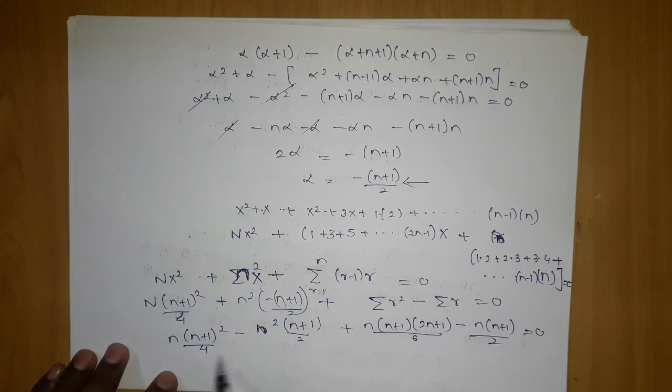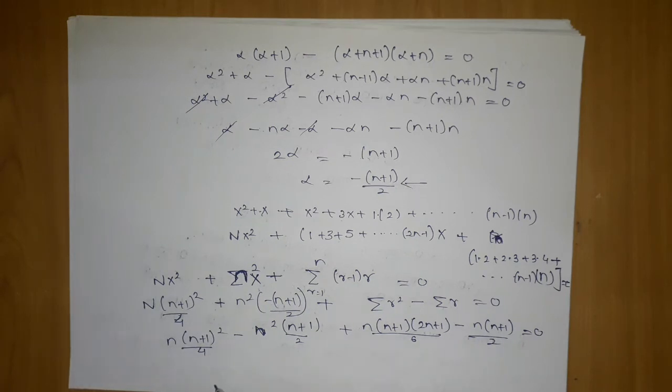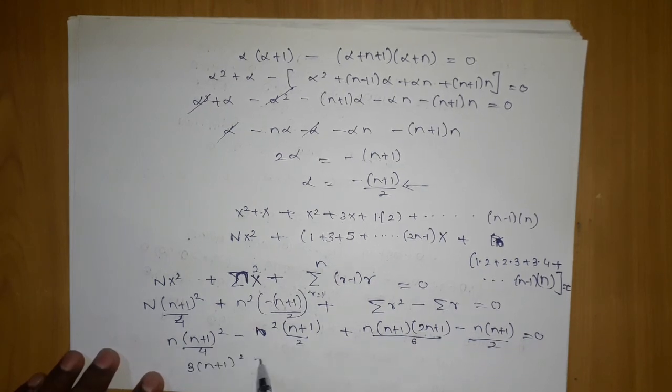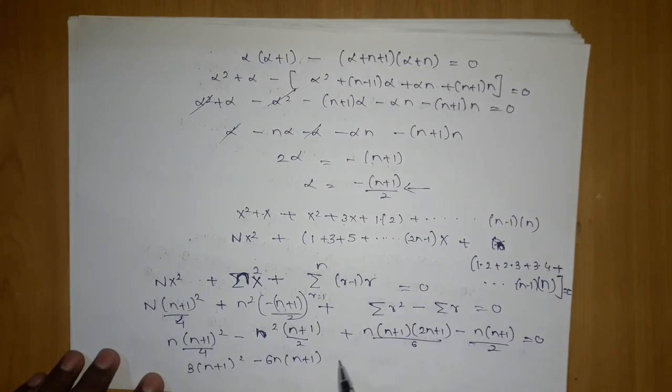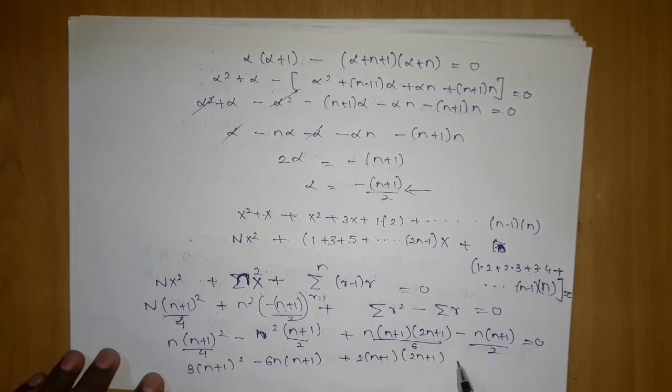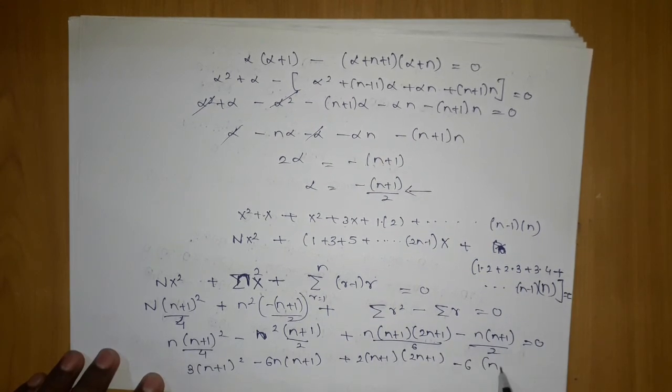So if I multiply throughout and divide by n plus 1, what will we get finally? All the terms have n and n plus 1, so let's first simplify. 3 into (n plus 1) the whole square, minus 6n into (n plus 1). If I simplify this, 2 into (n plus 1) into (2n plus 1), minus 6 into (n plus 1).